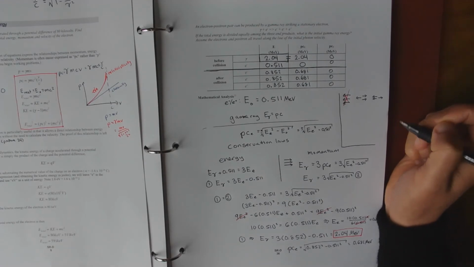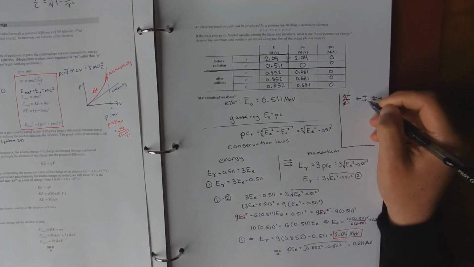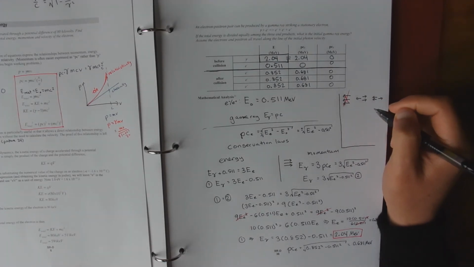And because the rest energy for all three end products are the same, it doesn't matter whether you say it's the positron going backward and the electrons going forward, or an electron going backward and the other two particles going forward. Because the rest energies are the same, that's not going to make a difference.